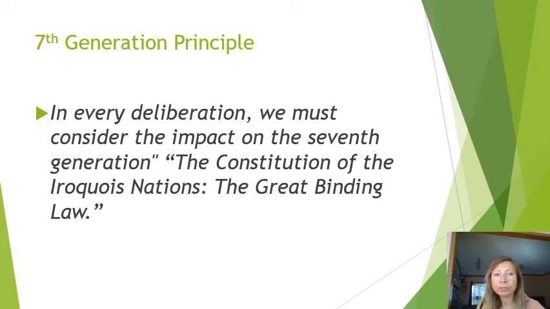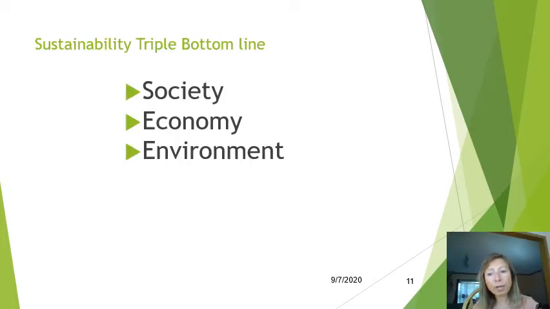In the scholarly literature, sustainability is often approached in terms of its three dimensions: society, economy, and environment. They are known sometimes as 3 Ps, such as planet, people, and profit, or 3 Es, environment, equity, economy.